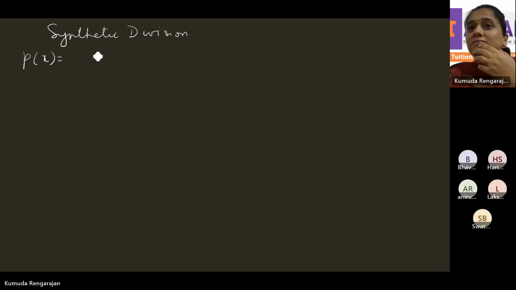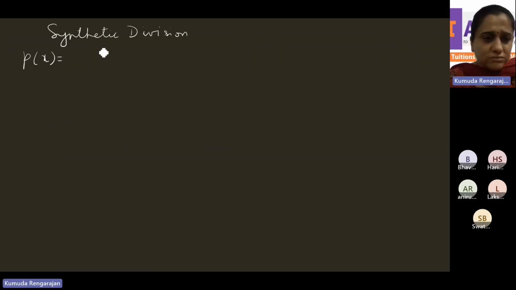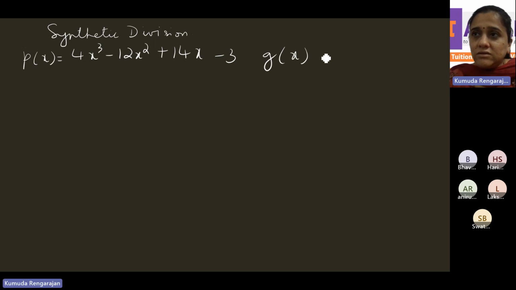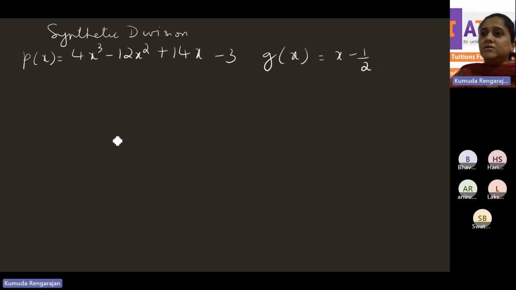P of x, not g of x. P of x, 4x cubed plus 14x, and g of x. All right. Okay.